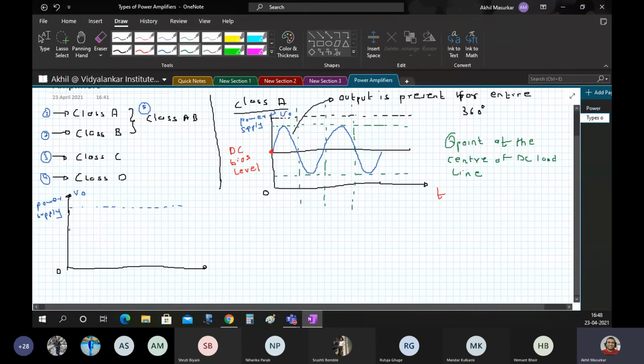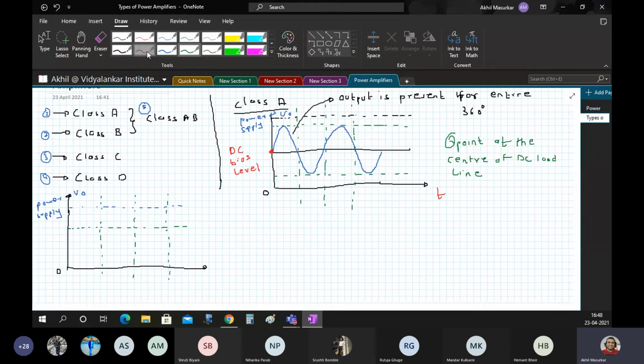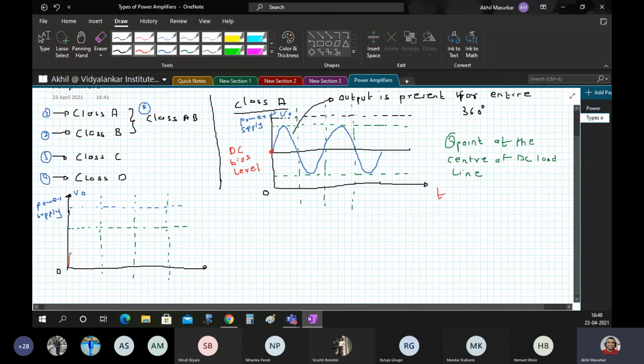Now if my signal operates in this fashion, please note this, if it is operating only over one half cycle, and for the second half cycle the output is 0, then this is called class B operation.